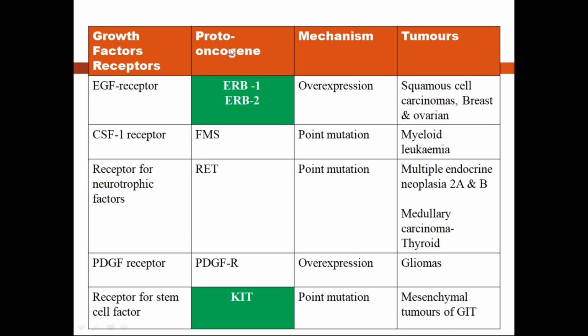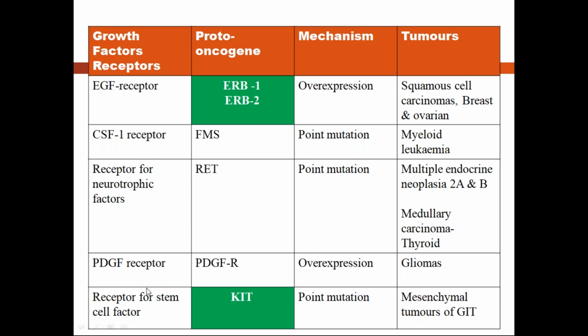Here the proto-oncogene or its mutant version is ERB B1, and ERB B2 is the gene involved, and the receptor is the epidermal growth factor receptor. It is usually overexpressed in squamous cell carcinoma, breast and ovarian cancer. So you can just remember one point, one cancer.